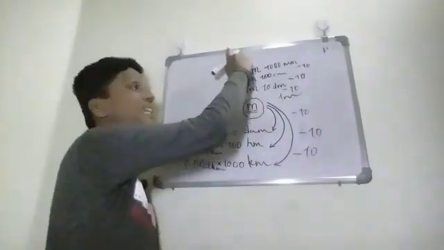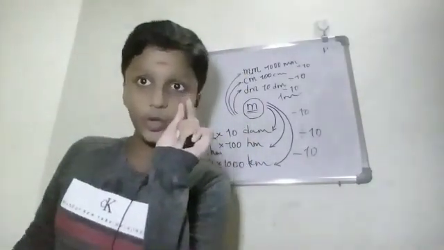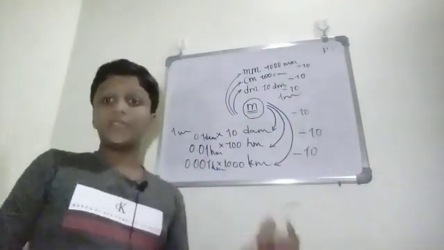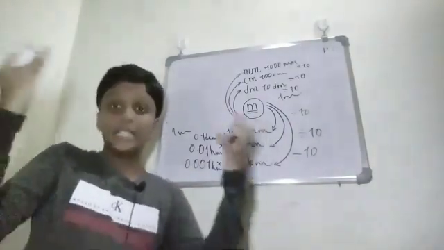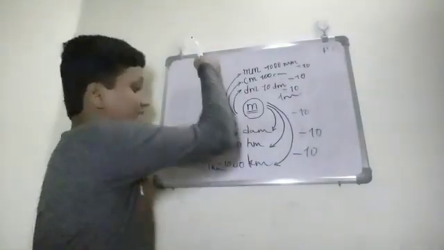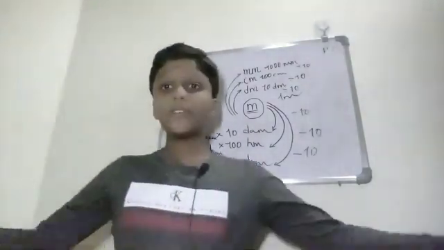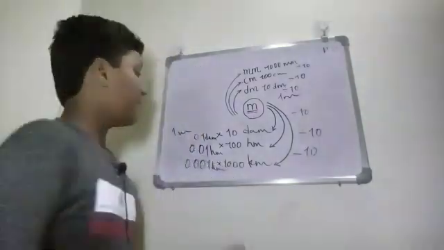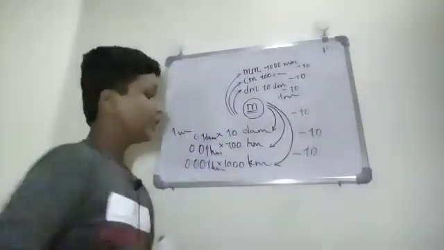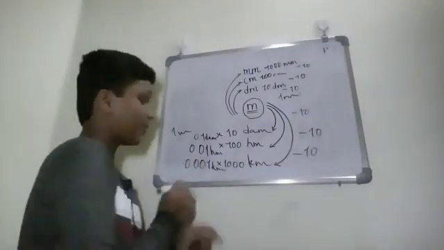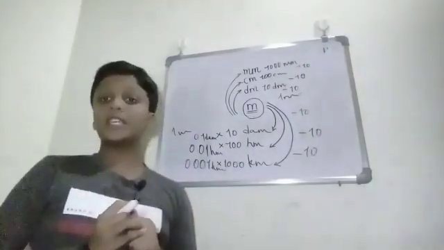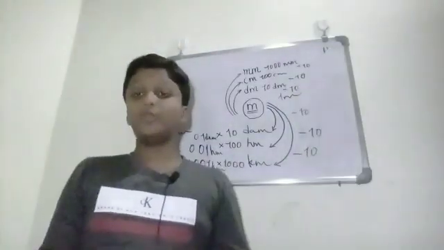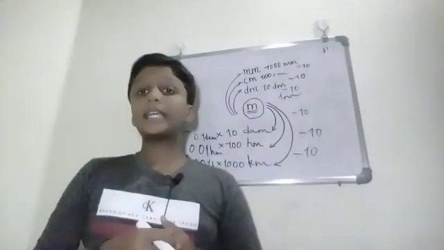So here millimeter, the value of the unit is really smaller, but the numerical value when kept constant, it increases. And you can see kilometer, the value of the unit is large, but the numerical value is small. So millimeter will have a larger numerical value when compared to kilometer.